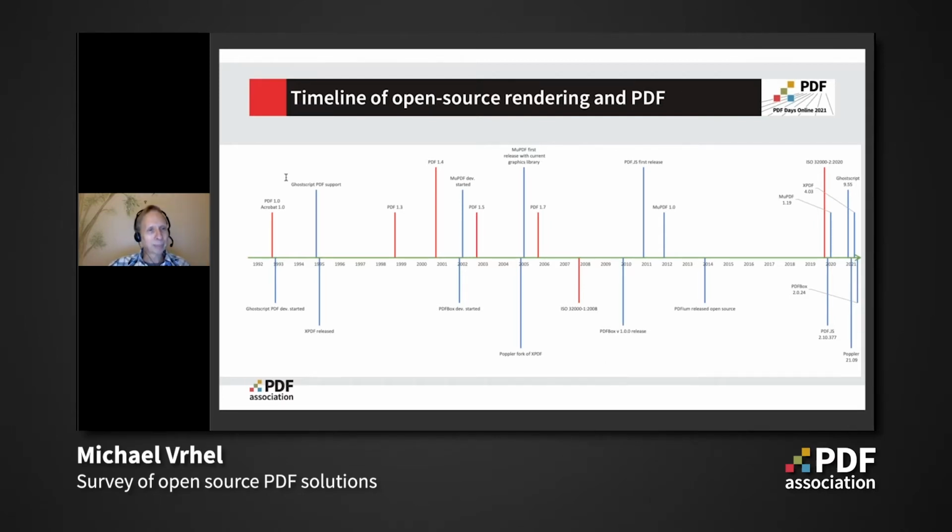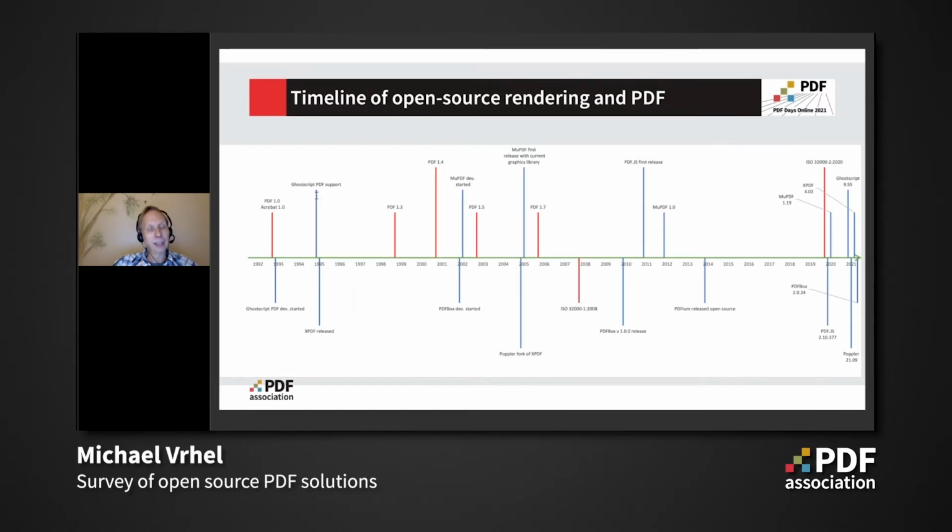It depends on your screen resolution, I guess, but over here on the left we have PDF first introduced in 1993, and at that time work began on bringing PDF capability into Ghostscript.